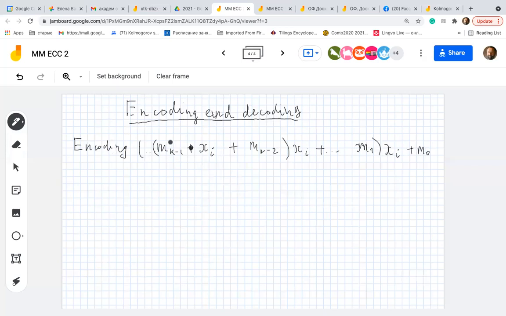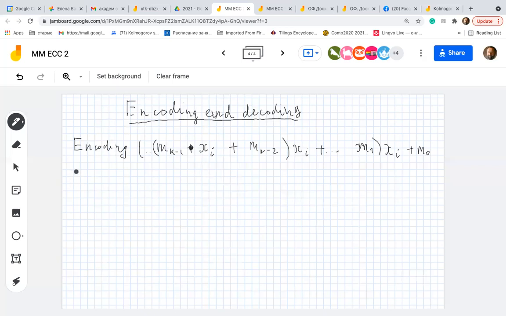So using this Horner scheme, we can compute the value of the given polynomial in linear time in 1 point, and we need to compute it in n points. So we will use approximately nk field operations for that.